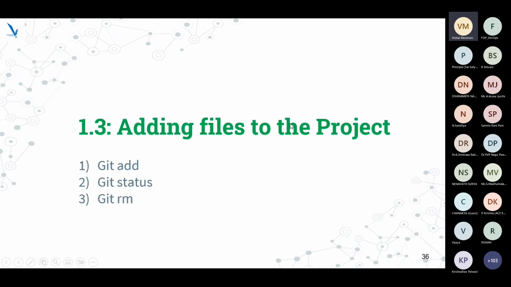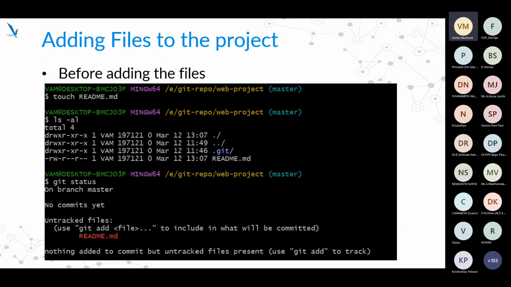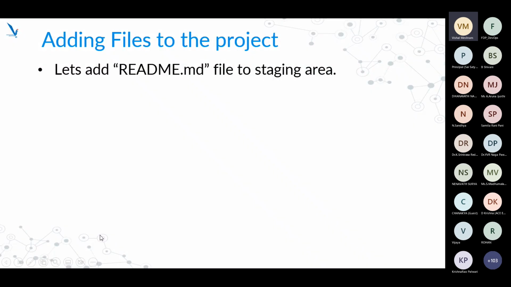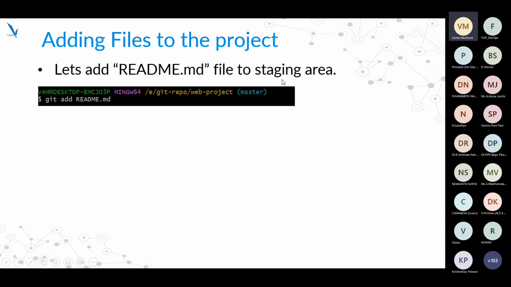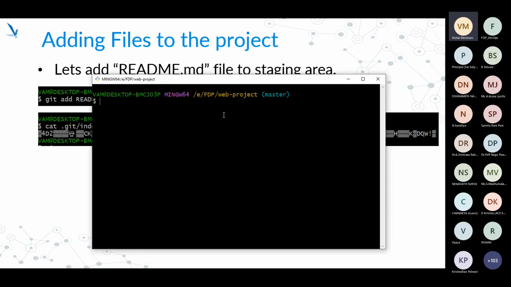So let me jump to the slides. We added one readme file, then we typed something in the readme file, and we added this readme file to the staging area. For this purpose we issued the command git add readme.md, right? And as I told you, the record is maintained in the index file.